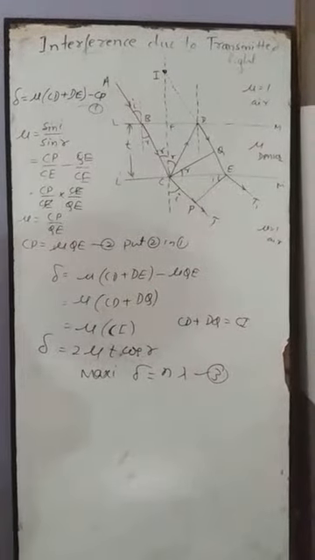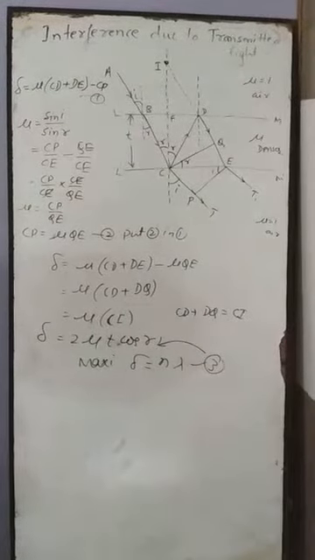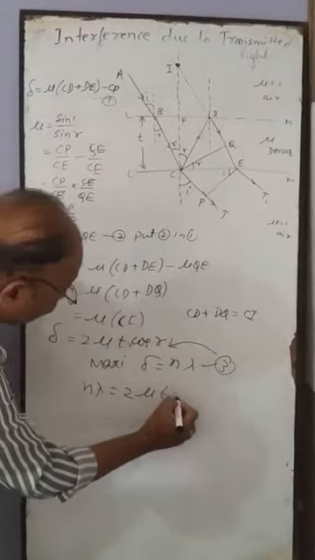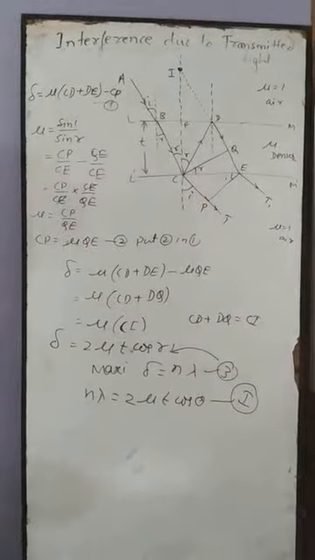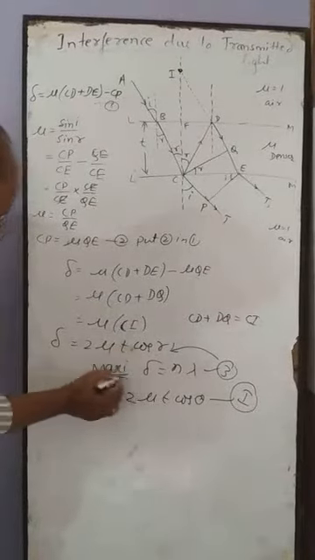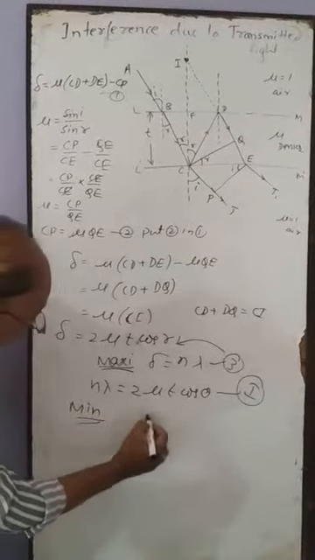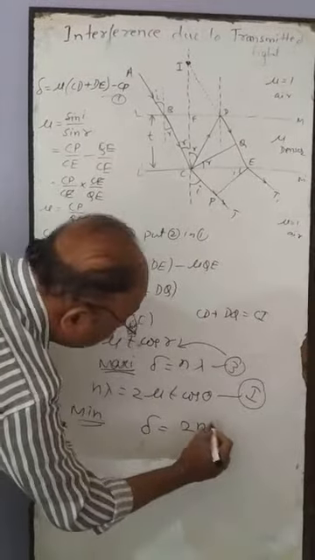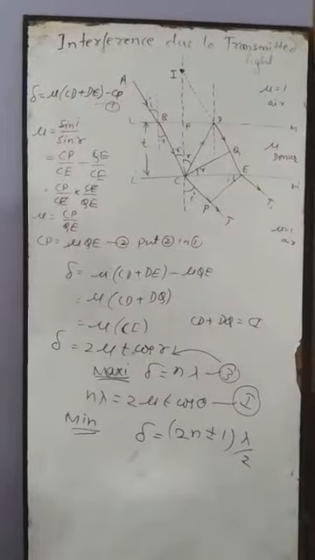Now put this in here: n lambda is equal to 2 mu t cos r. This is the first expression for the maximum. Now for the minimum, delta is equal to (2n plus or minus 1) into lambda by 2.